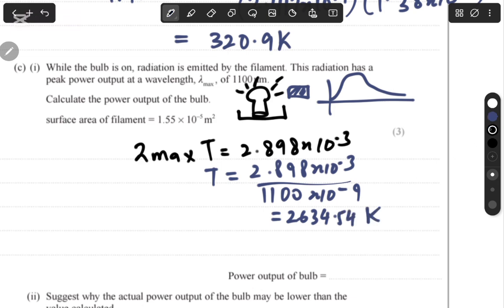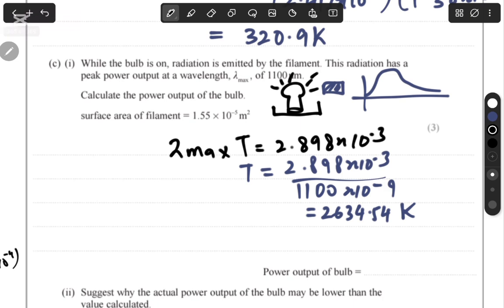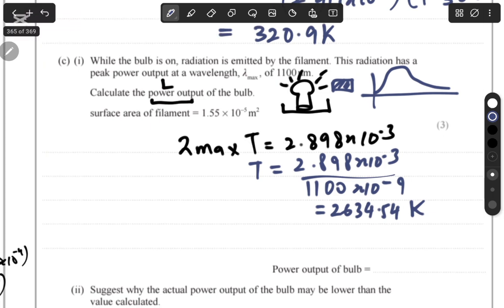Now, to calculate the power output, basically they want us to calculate the luminosity. Luminosity is the total power output of all the wavelengths of light that are being given out. So you can say luminosity equals the Stefan-Boltzmann constant times area times temperature to the power of 4.